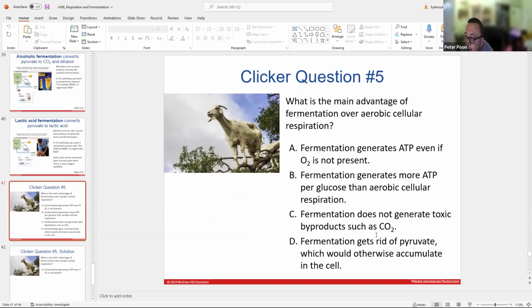All right. So the main advantage of fermentation over cellular respiration is that I can generate ATP even when there is no oxygen. So if I'm running as fast as I can, or I'm lifting a lot of weight in a competitive sense, the weights I'm lifting use more oxygen than I can possibly provide.